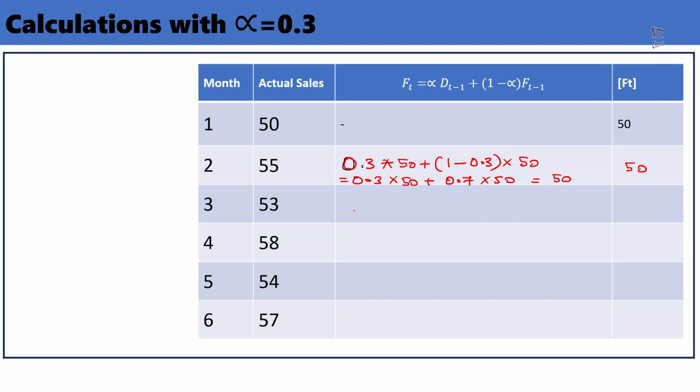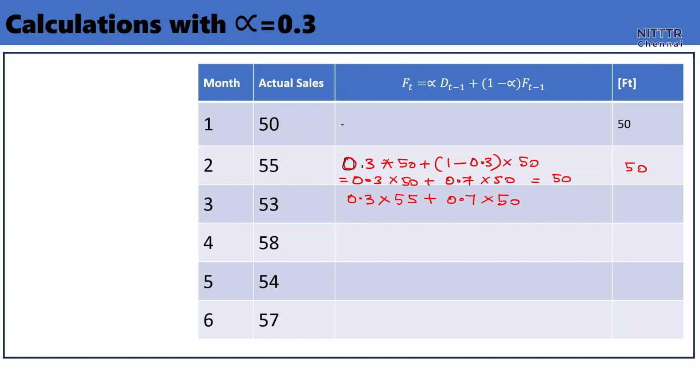Now, let me go back and calculate the third period's forecast. Again alpha is 0.3, alpha into dt minus 1, dt minus 1 is 55, plus 1 minus alpha, so 1 minus 0.3 is 0.7, multiplied by f t minus 1, f t minus 1 is 50.